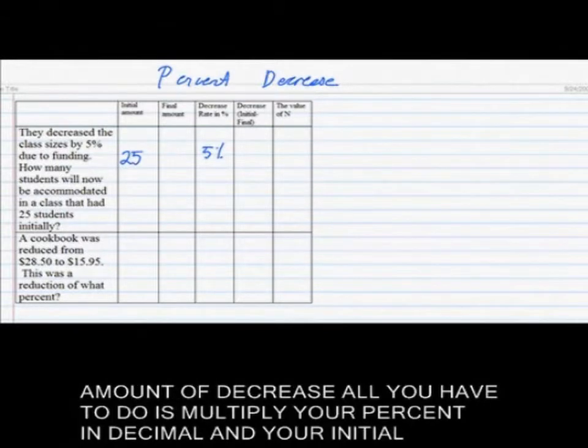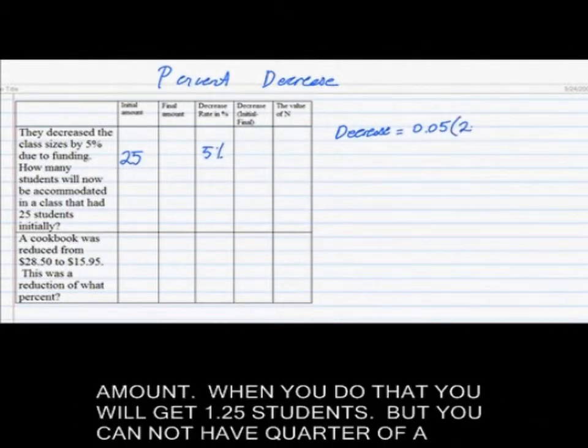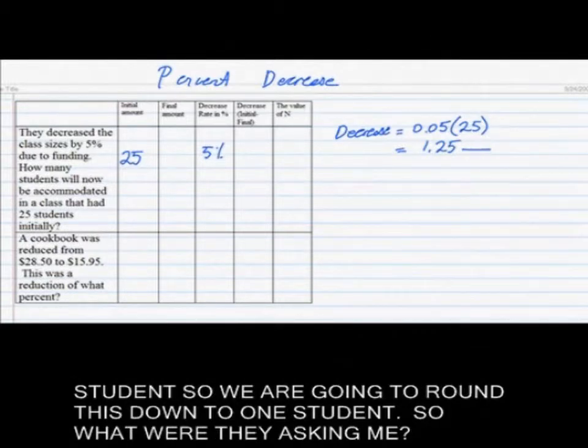To find the amount of decrease, all you have to do is multiply your percent in decimal and your initial amount. When you do that, you will get 1.25 students. But you cannot have a quarter of a student, so we're going to round this down to 1 student.